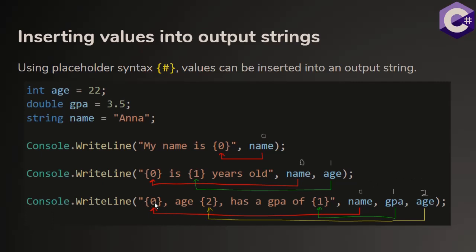So here I have the 0 will match up with the 0th term, name. 2 will match up with the 0, 1, 2th term, age. And then the 1th will match up with the 0, 1th term, GPA. So this should print name, Anna, comma, age 22, that's the age, has a GPA of 3.5, which is the GPA.